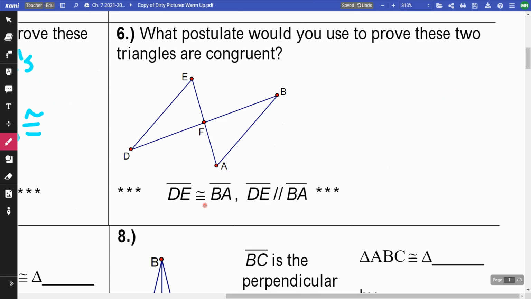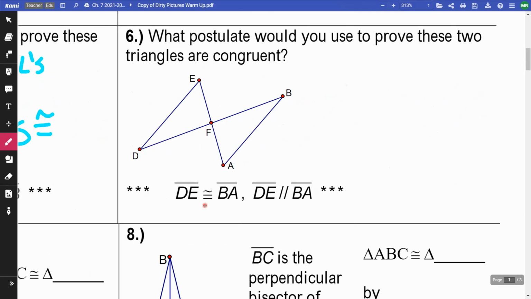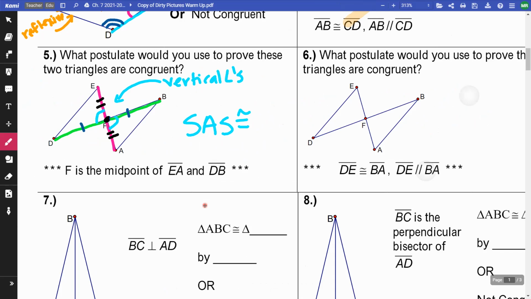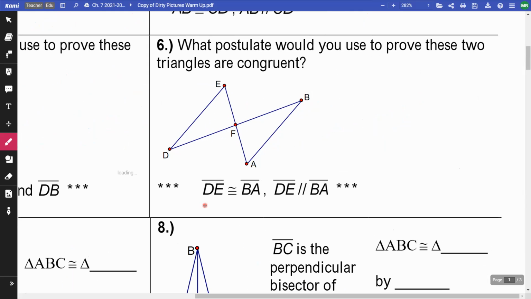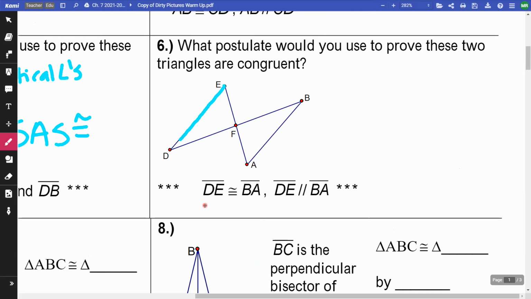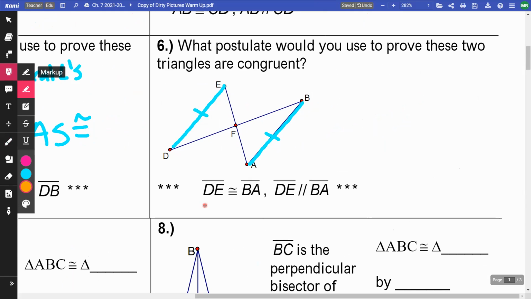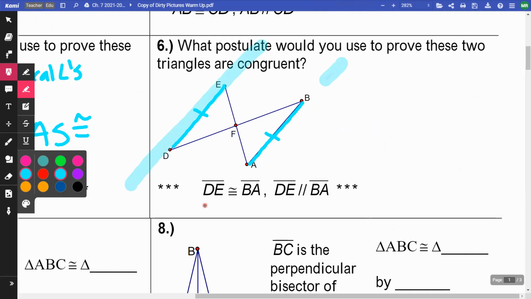On 6. So in this situation, they're telling me that, so this is slightly different than the same picture, but different markings, okay? This one was side, angle, side. So over here, I know that DE is congruent to BA. I also know that this line is parallel with this line.